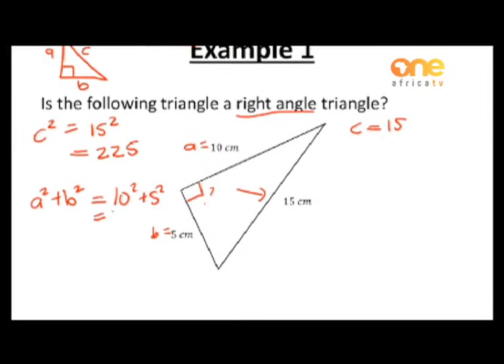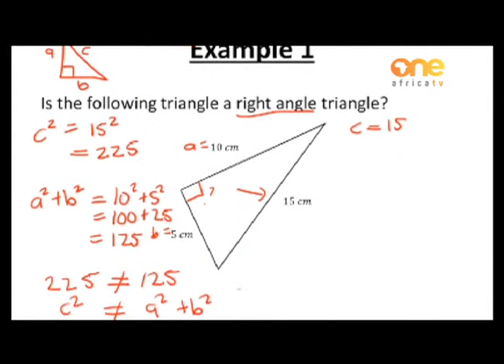This is equal to 100 plus 25, which is equal to 125. So now, is C squared equal to A squared plus B squared? Well, 225 is not equal to 125. So C squared is not equal to A squared plus B squared.